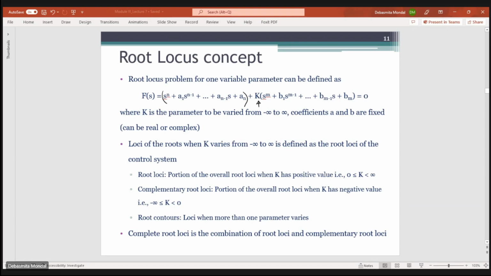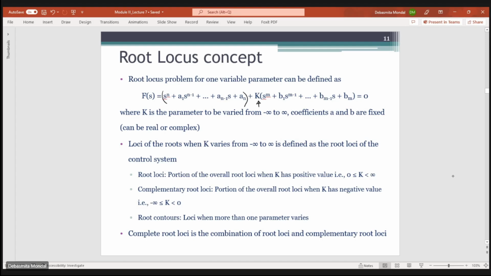These a and b can be real or complex coefficients, but generally we will limit our analysis to real coefficients. The locus, or the loci, of the roots when k varies from minus infinity to plus infinity is defined as the root loci of the control system.